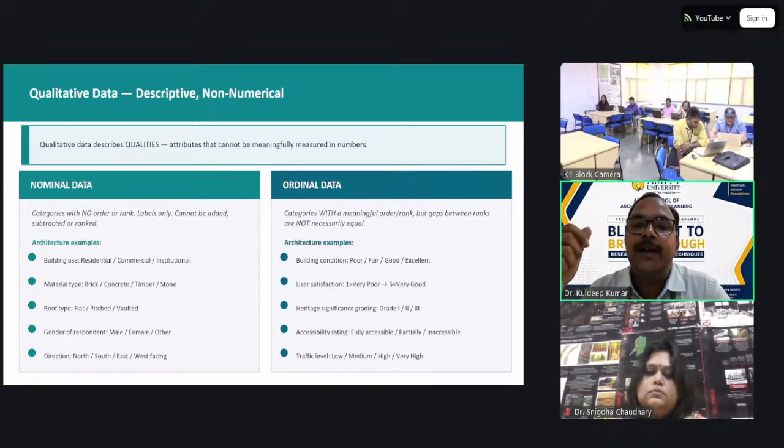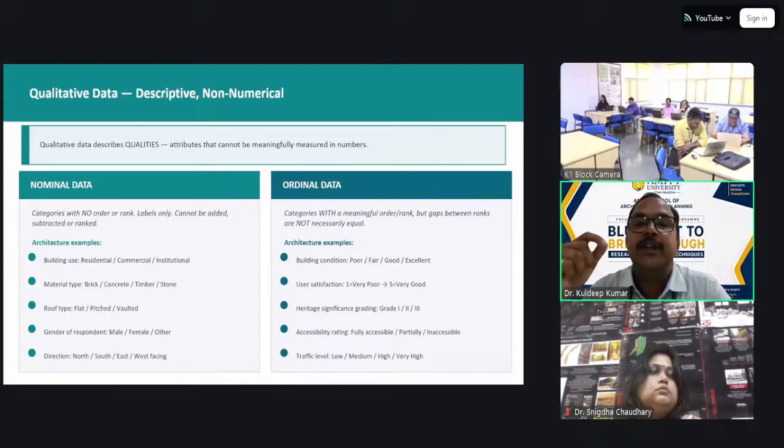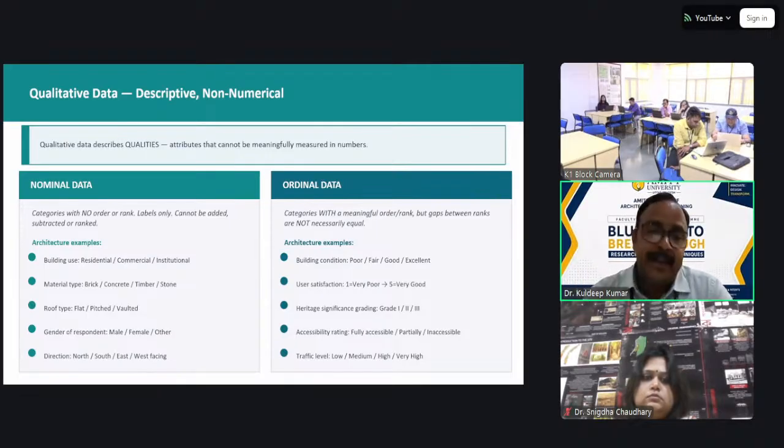Nominal data provides categories but with no order. The word nominal comes from the Latin word nomen, meaning name. So nominal data gives the names of categories, like building typologies, residential or commercial, or materials like concrete, steel, timber, or ownership type, PPP or government trust, or heritage status.